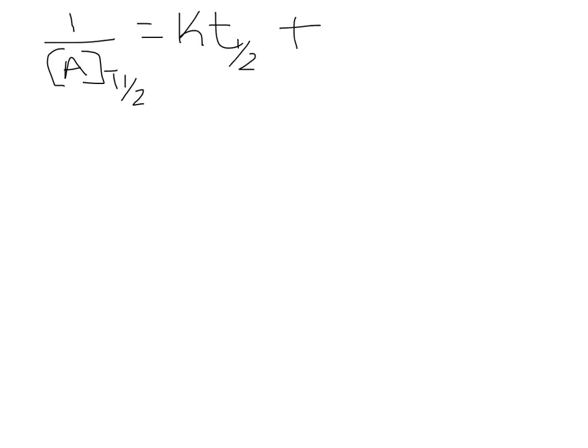For a second order process, we know that second order has the relationship of 1 over the concentration of A, and we'll say that is here at half-life, or half the time, equals K times half-life plus 1 over that original concentration of A, and that, guys, should be a 1 on top of that.